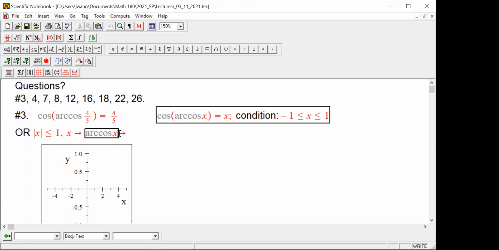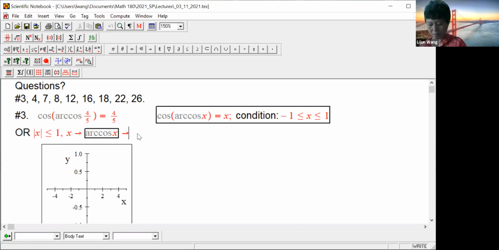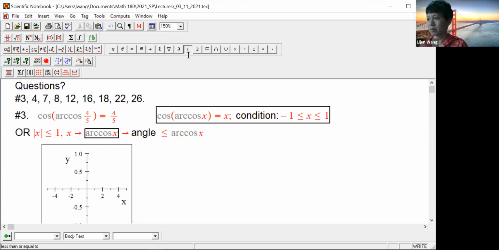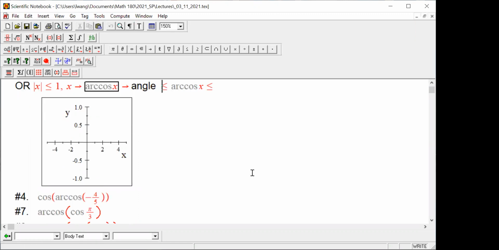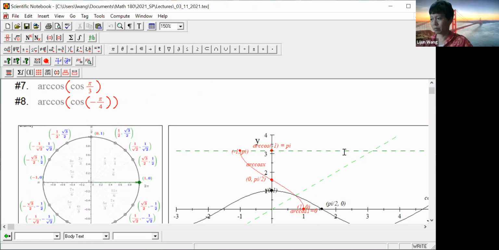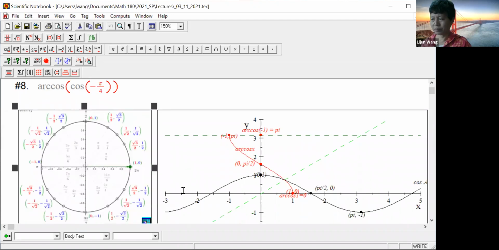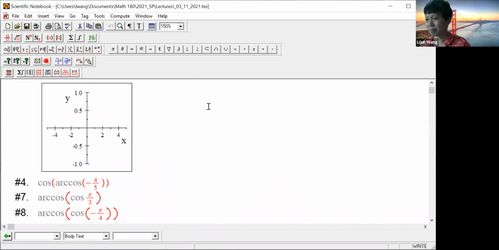And what angle does it produce? What's the range of arc cosine? What did the picture tell you on the unit circle? 0 to pi.